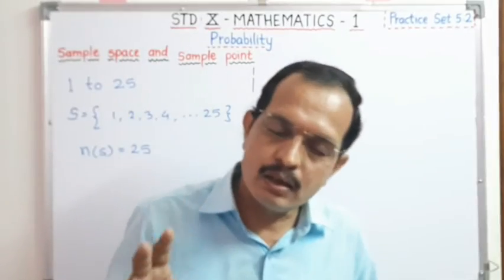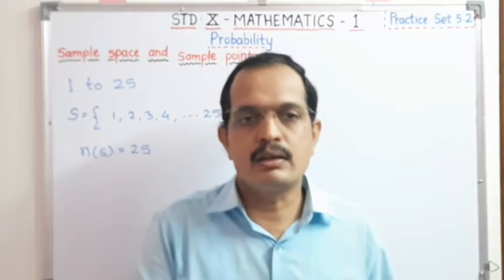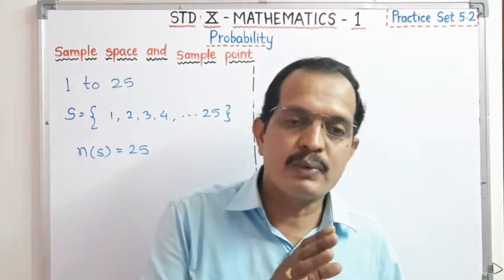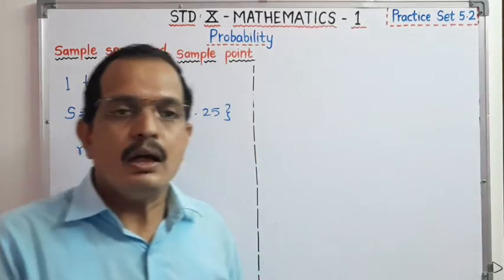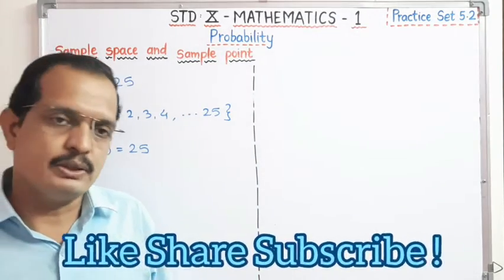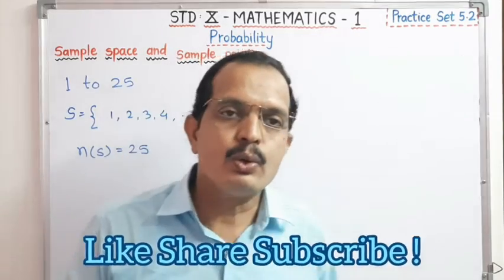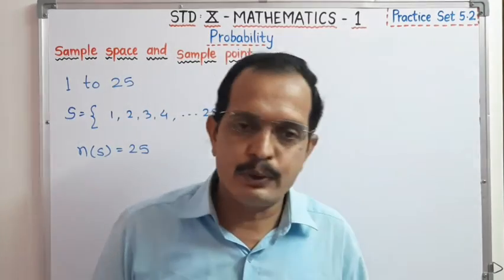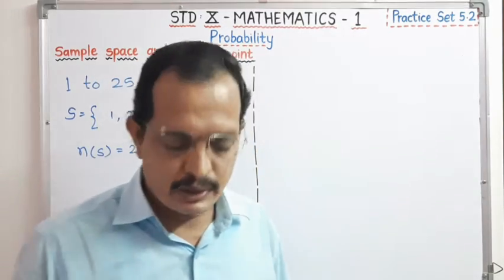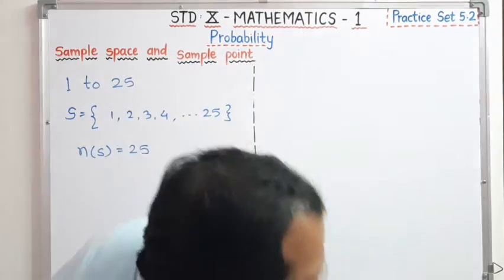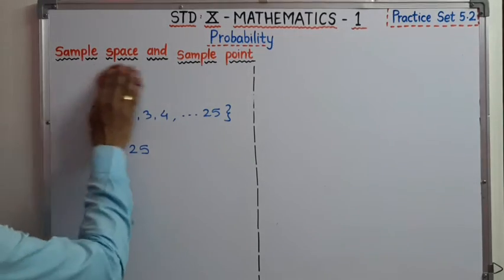These are black. And in the red colors, 13 cards are of diamond shape and 13 cards are of heart shape. Now, dear students, we have to go to practice set 5.2. Some easy questions are there that we have to complete today.